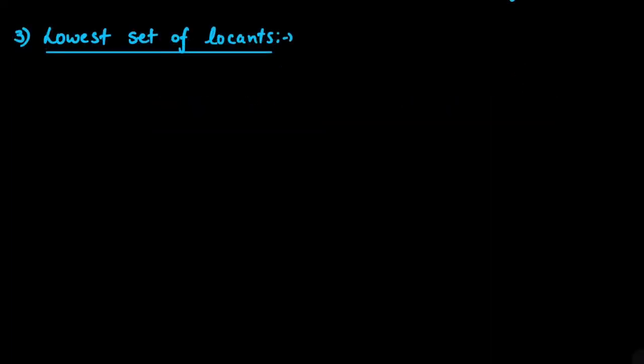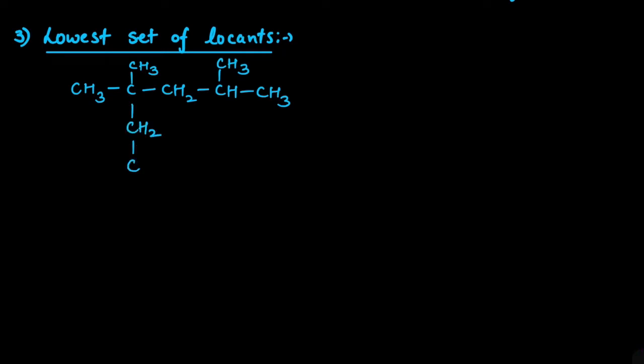Now let's discuss the third rule, that is the lowest set of locants rule. This rule basically says that whenever we have 2 or more substituents, then the end of the parent chain, which gives the lowest set of locants, that is preferred for the numbering. Now suppose we are having this molecule and we are selecting this as the longest continuous chain.